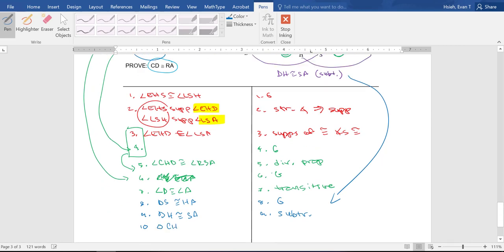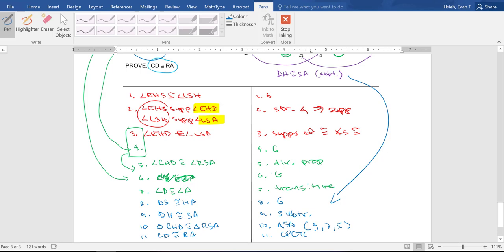Triangle CHD congruent to triangle RSA by angle side angle, 9, 7, and 5. And then one last step would just be that CD is congruent to RA by CPCTC.